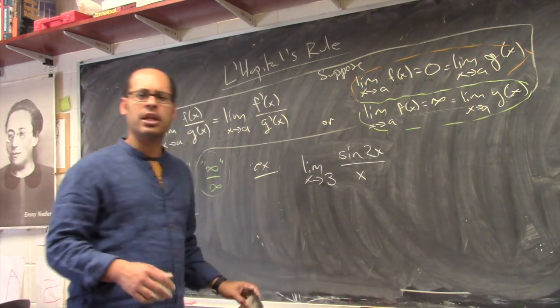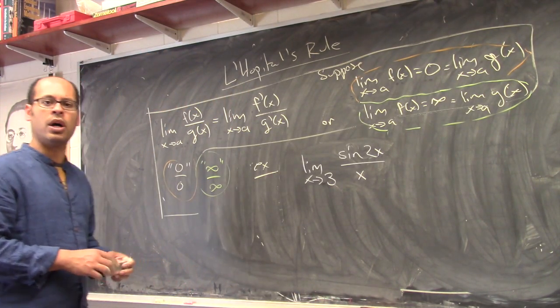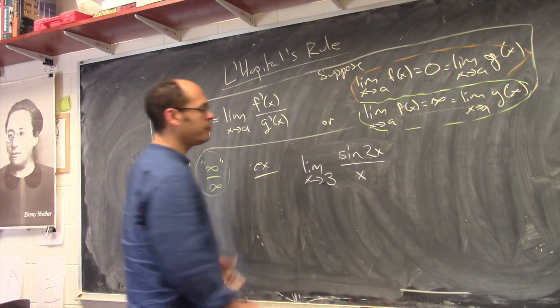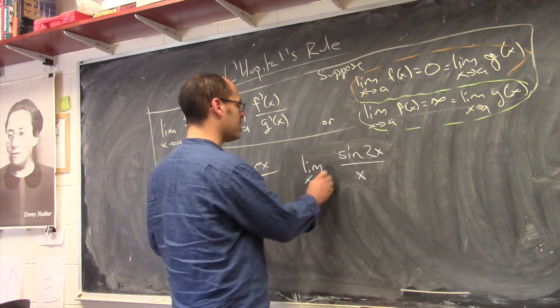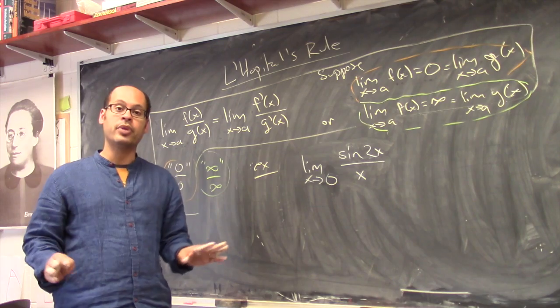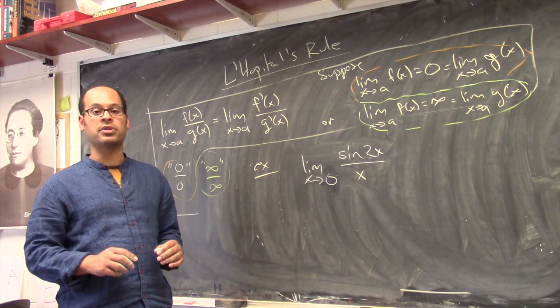Okay, so let's get a feeling for this rule by looking at an example, and then I'll say a little bit about why such a rule might actually be true. Okay, so for example, let's look at the limit as x goes to 0 of the sine of 2x divided by x. Now at this point we have a number of ways for dealing with this limit, but let's just forget about all these things and take it from scratch.